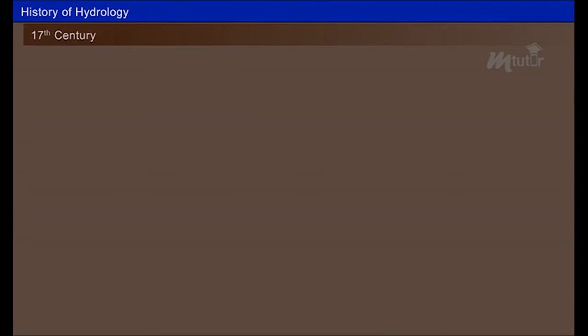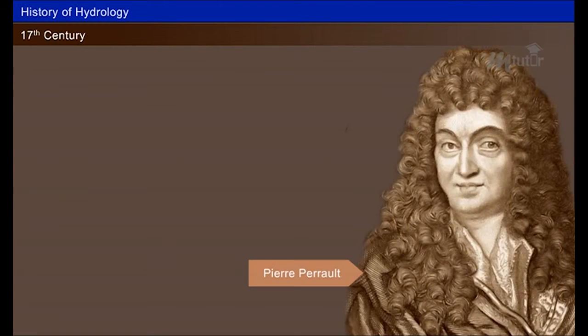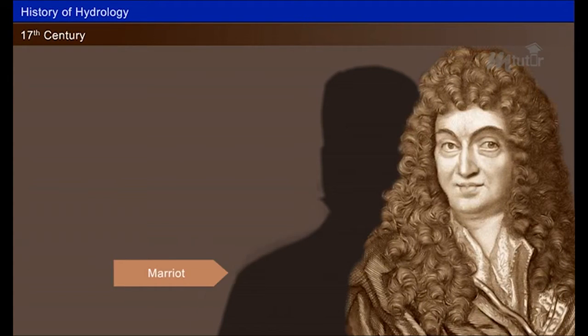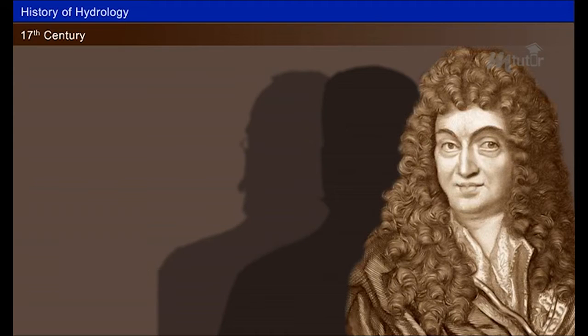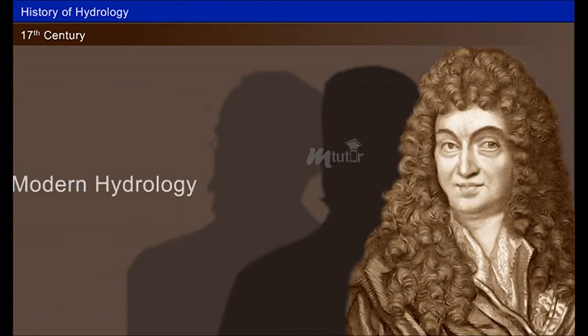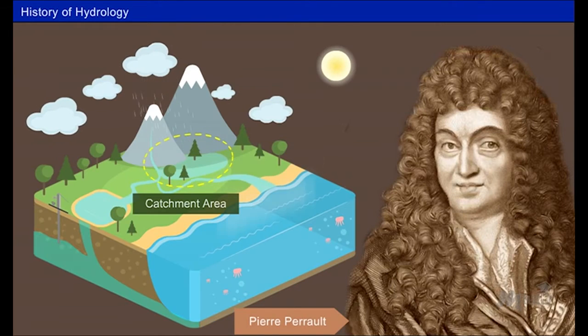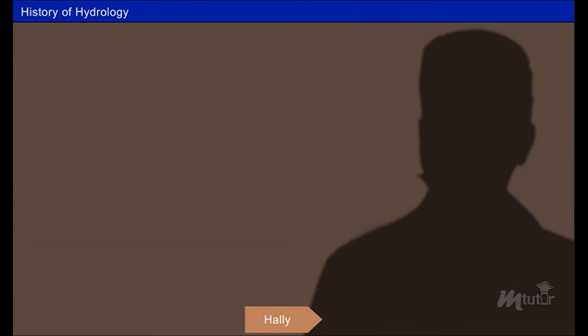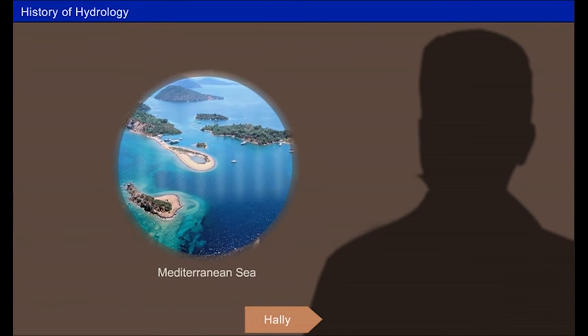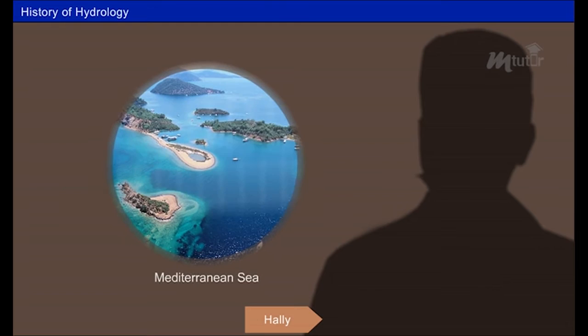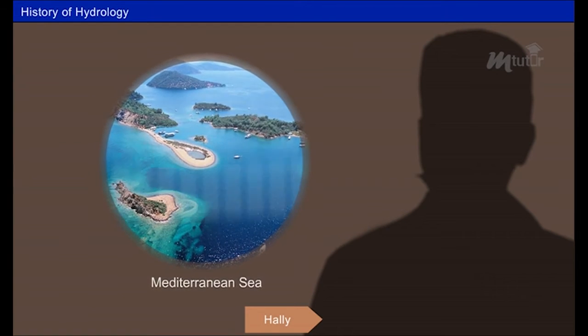In the 17th century, Pierre Perrault, Marriott, and Halley were the pioneers of modern hydrology. Pierre Perrault was the first one to propose the concept of rainfall measurement by water balance equation and catchment area method. Halley was the first person to measure the evaporation in the Mediterranean Sea. However, the instrument used by him is still a mystery.